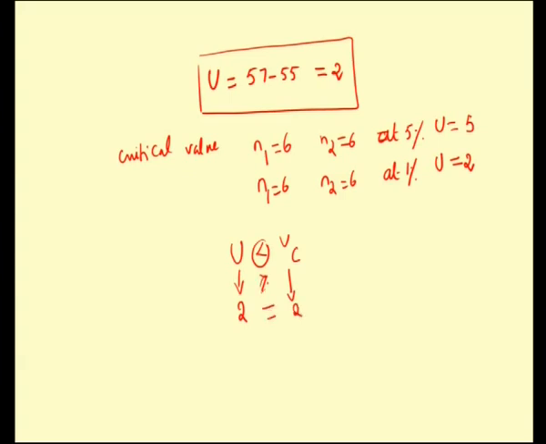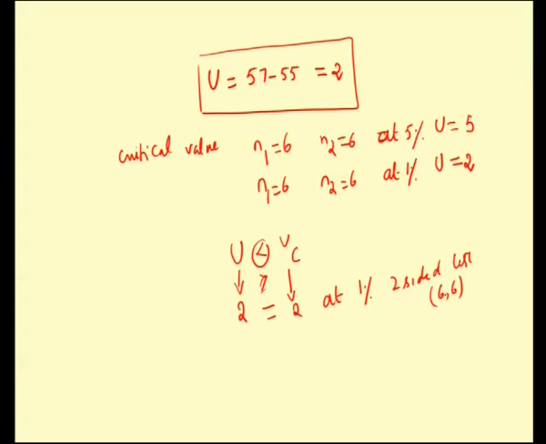It means that 2 is equal to 2 in the case of the 1% two-sided test. So, what is the inference you will come across? In this case you find that 2 is equal to 2.